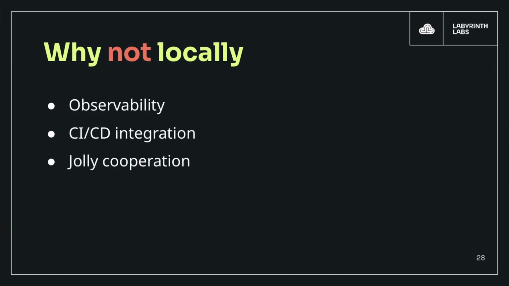It's the same with CI/CD integration. Usually on the permanent environments you run some tests, so it might be easier to run these tests also on a feature environment than to somehow plug it into your local development. And the last one is jolly cooperation.